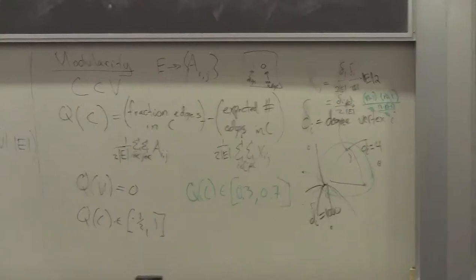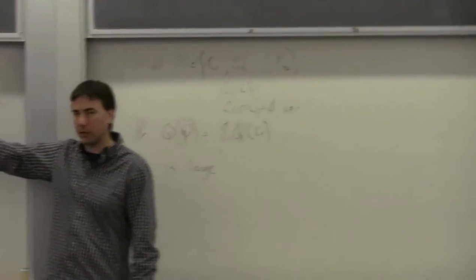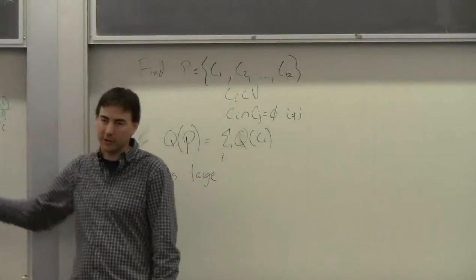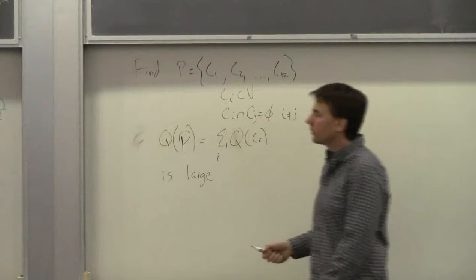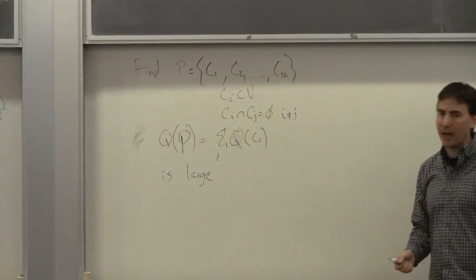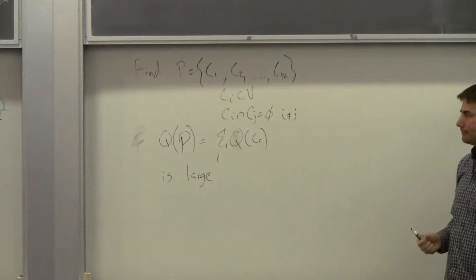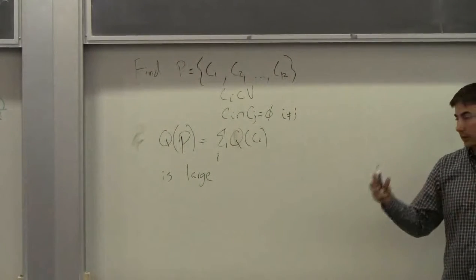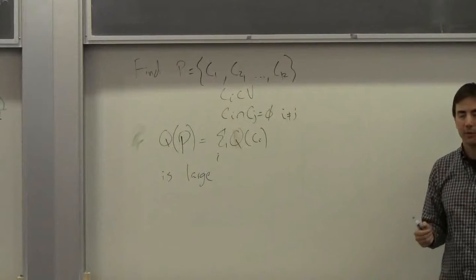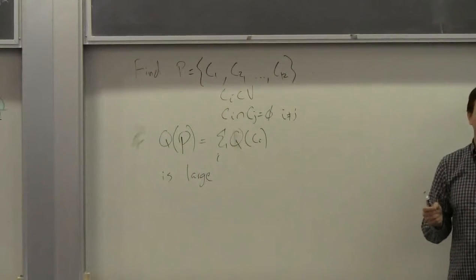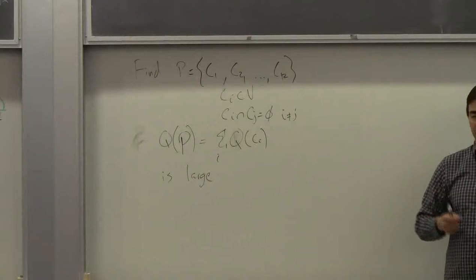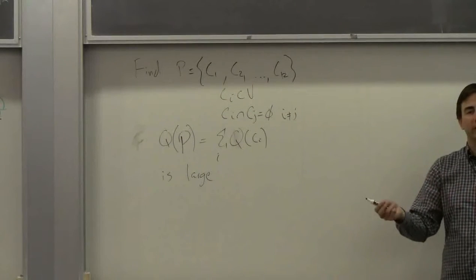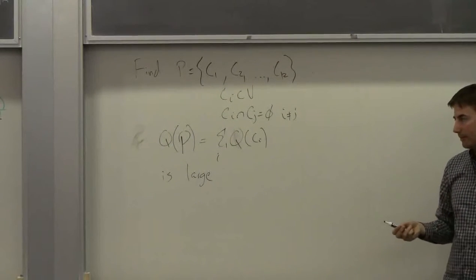Or you can just say, I just want to find one community that has a really large score for modularity. So this is a hard combinatorial optimization problem. There are lots of local minimums in here. You can get some subset of the vertices where adding any one vertex is not going to improve the score, but there are lots of ways you can add two vertices which improve the score.